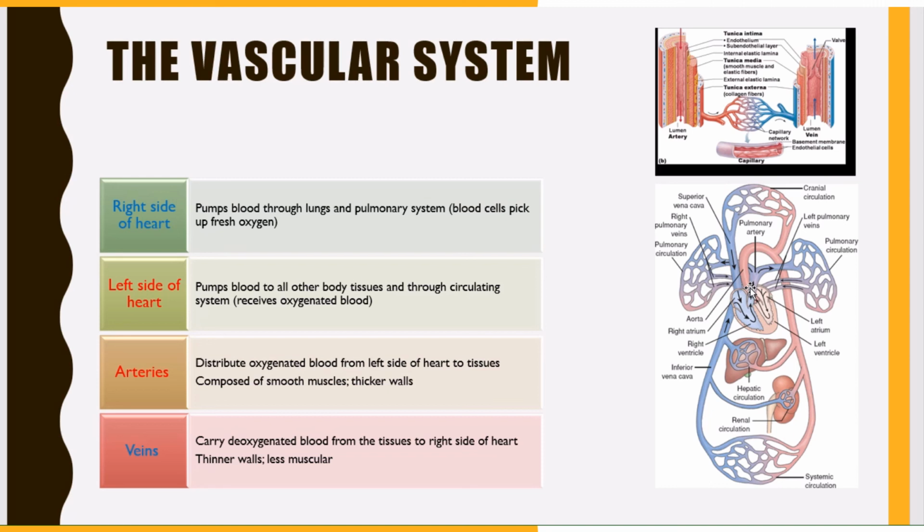The arteries carry the oxygenated blood, and the veins carry the deoxygenated blood. Here you can see the cross section of the vein and the artery. So in the artery, the blood is flowing freely to the body.